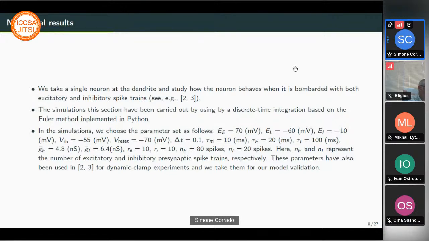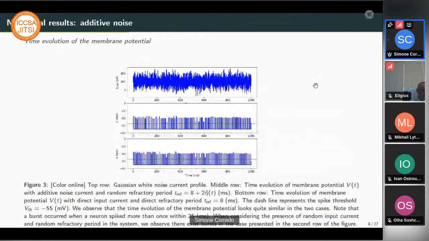The implementation is in Python here, and in the specific example that you will see, for excitatory it's 80 spikes, and for inhibitory it's 20 spikes on this slide.